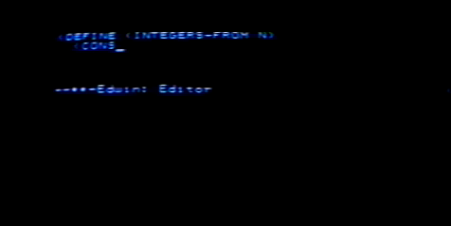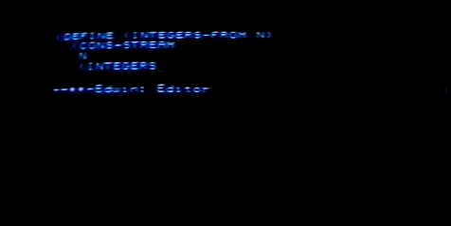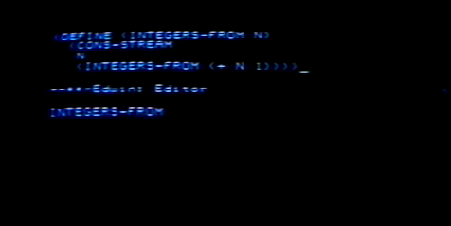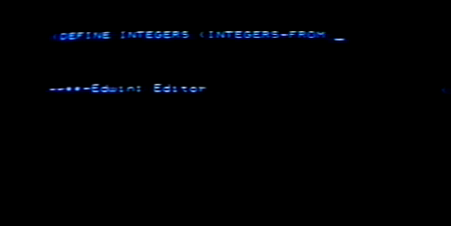That's cons-stream of n onto the integers from n plus one. All right, so there are the integers. Then I could say, let's get all the integers. Define the stream of integers to be the integers starting with 1.